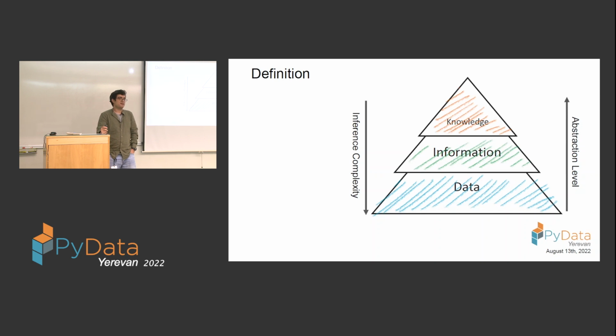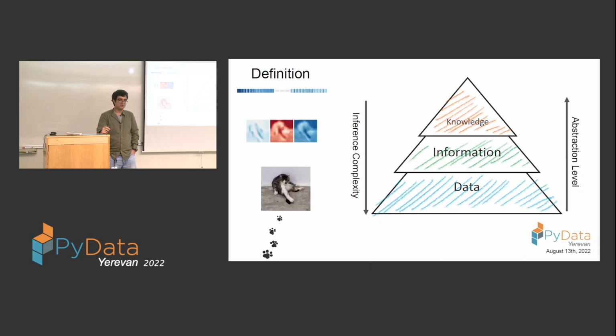So let's say we have some pictures as our input data. We're going to understand what the main concept of this image is in the world.